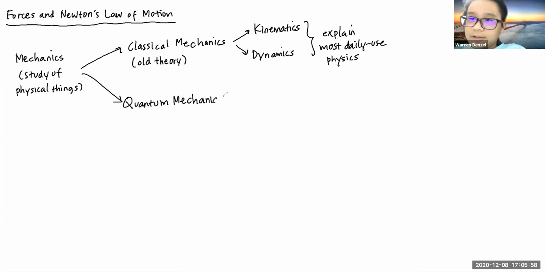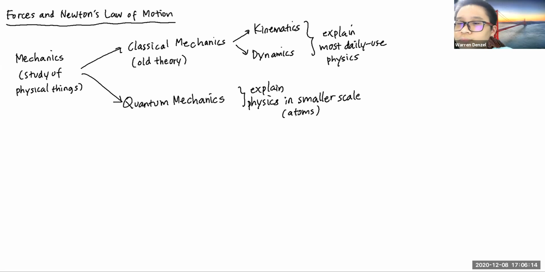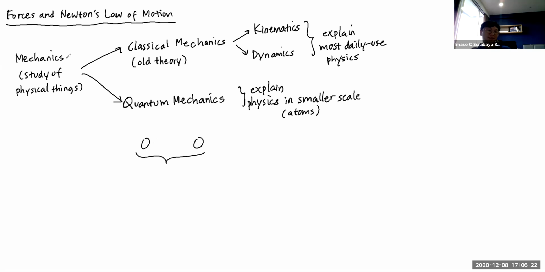Quantum mechanics explains physics on a smaller scale. By smaller scale, I mean atoms. Atoms behave differently, for some reason. You cannot apply kinematics, for example, to these atoms.